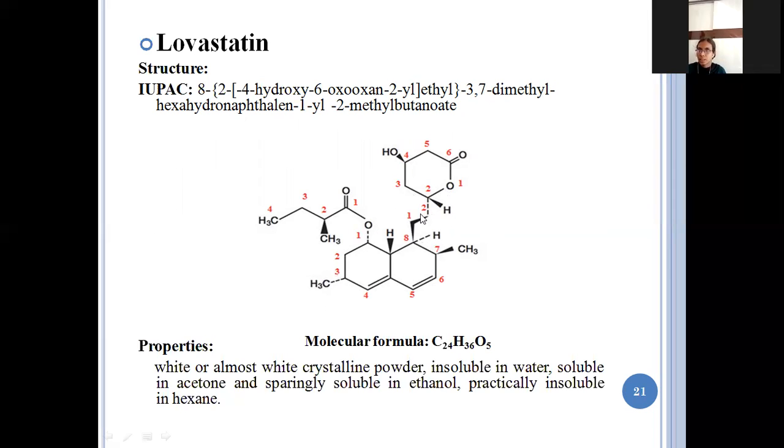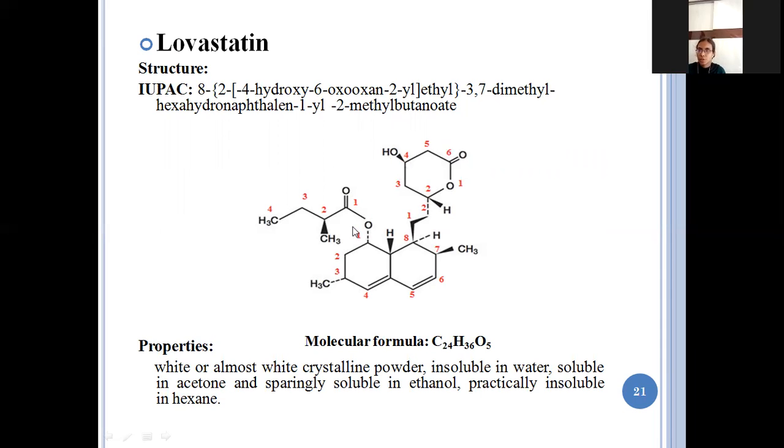For this ethyl, in the second position, this oxane structure is attached. For this oxane, in the sixth position there is an oxo group, and in the fourth position a hydroxyl group is attached.